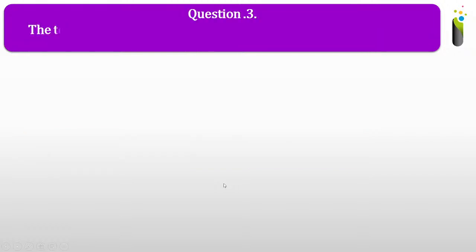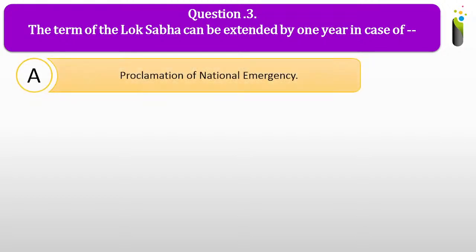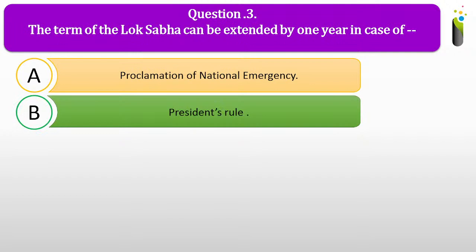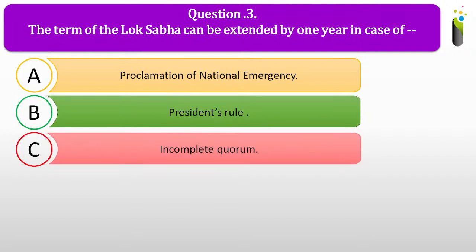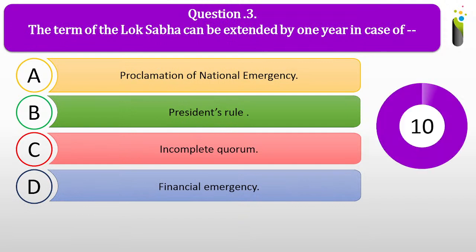Question number 3. The term of the Lok Sabha can be extended by 1 year in case of dash. A. Proclamation of national emergency. B. President's rule. C. Incomplete quorum. D. Financial emergency.